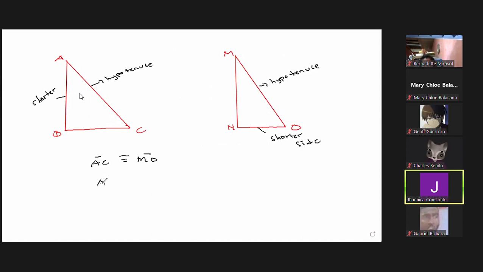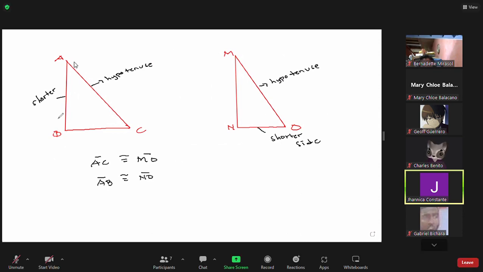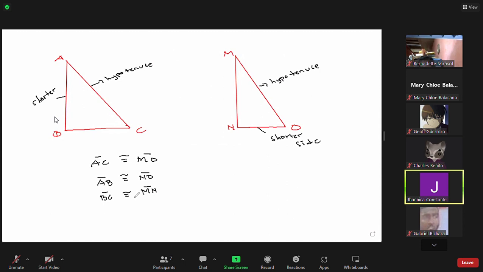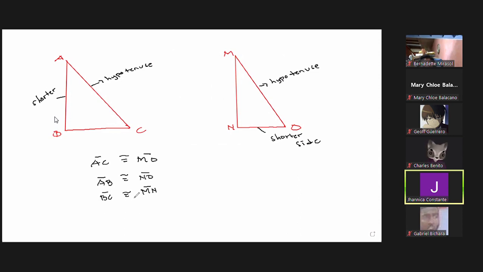So side AB corresponding to side NO. And the remaining sides that we have are side BC and side MN. Okay. So, ganyan ang pag-identify of the corresponding parts para hindi magbali-baliktad of which parts of your triangle is corresponding to the other triangle that we have.